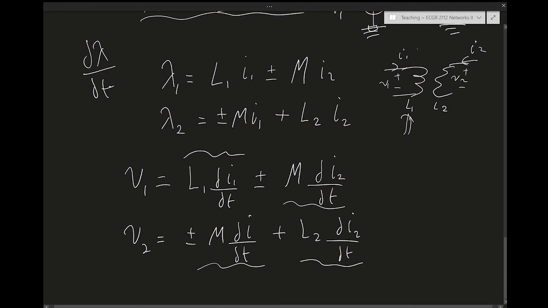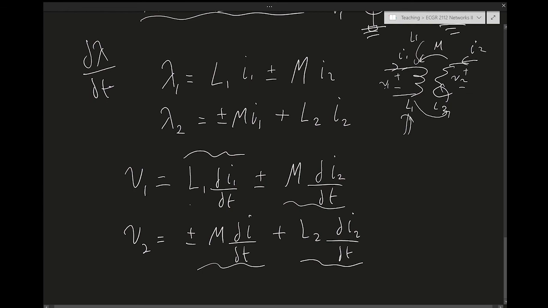In coil 1, part of the voltage is due to the self-inductance and the current I1 going through the inductor, but then there's a part of the voltage coming from I2, and that comes in through the mutual inductance. And in voltage V2, you'll have the self part due to L2, and then the mutual part due to I1.